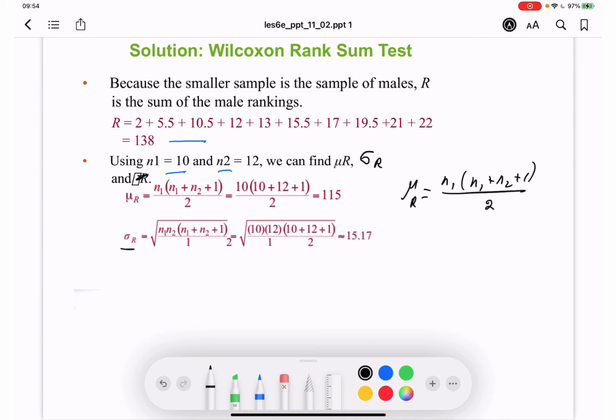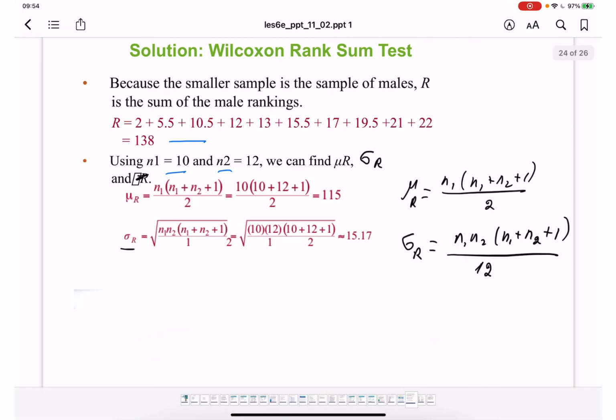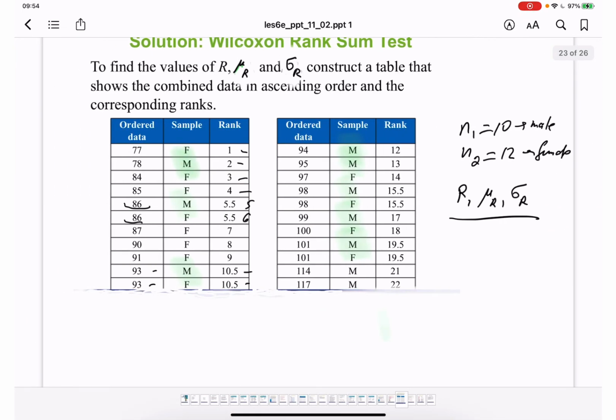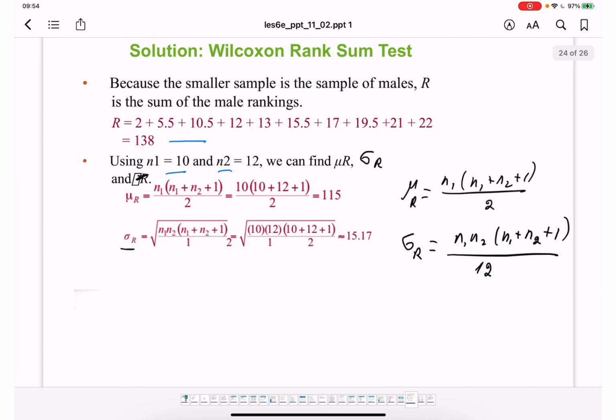And sigma R is equal to N1 times N2 times N1 plus N2 plus 1 over 12, I'm sorry, 12, because the sample for female is 12, the bigger size. And we take the square root.